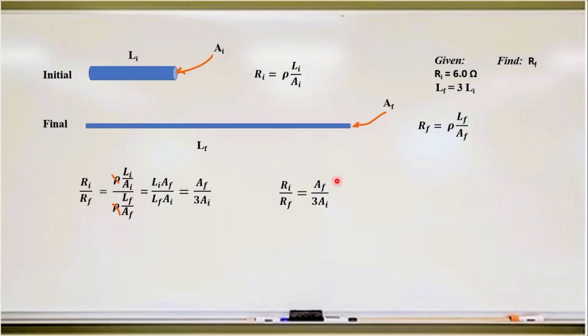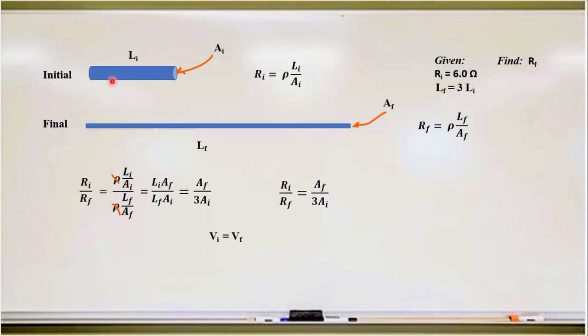Now we use the condition that not only the resistivity but also the density of the material is the same for these 2 wires, as is written in the formulation of the problem. So we can conclude that the volumes of these wires are equal.